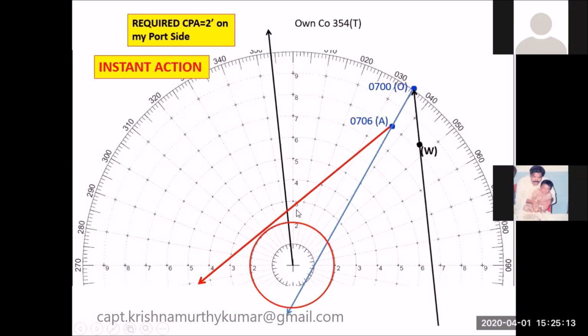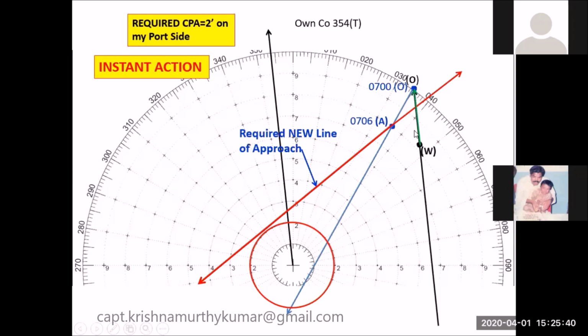This is the required new line of approach. Just extend it backwards. So you want him to be moving along this line. So where would O have been? O would have been on the red line somewhere.